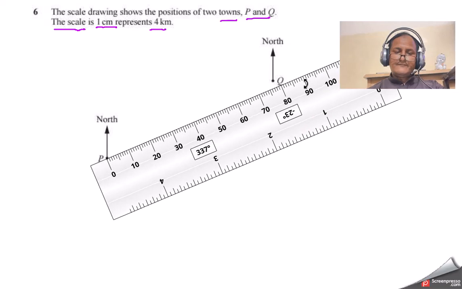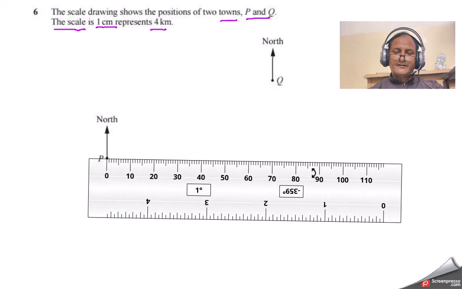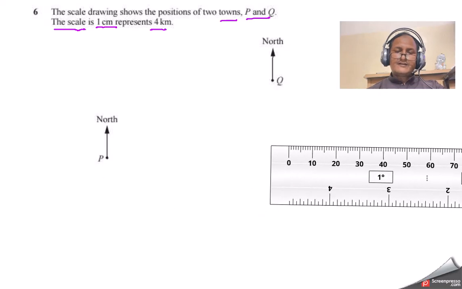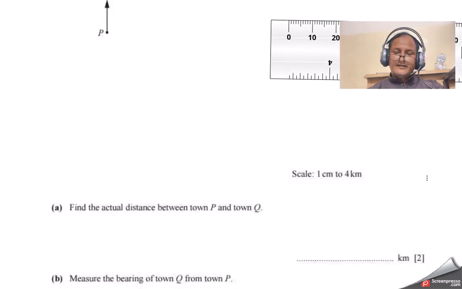For example, here in my scale the line shows about 8 centimeters. Then 1 centimeter represents 4 kilometers, so 8 centimeters is 4 times 8, which is 32 kilometers.